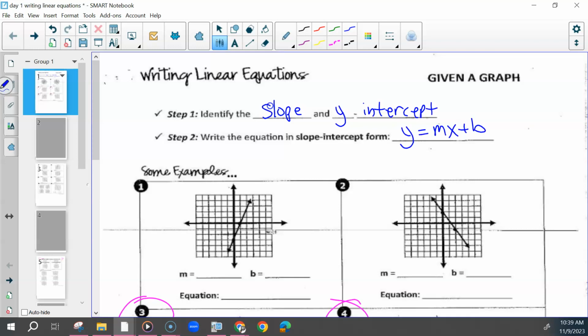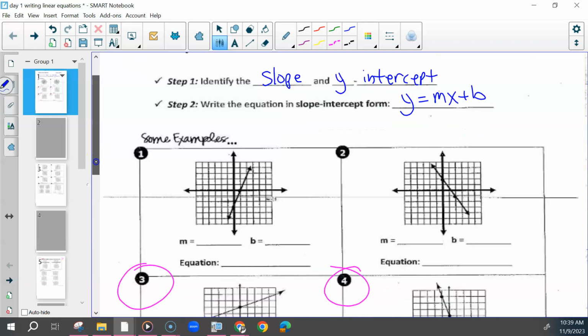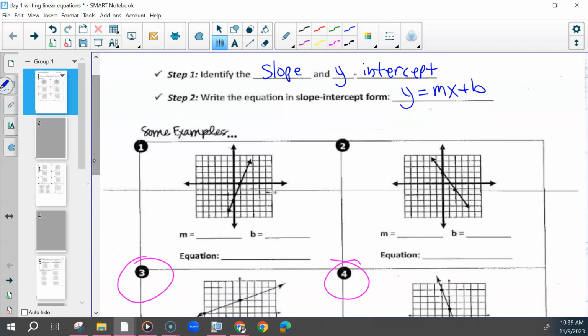For these first two have a spot for m and b, and then the rest just have the equation. If you still want to write off to the side what is your m, what is your b, that way it's easier to put it in the equation, you can do that. If not, that's also okay. So let's do one and then we'll stop.